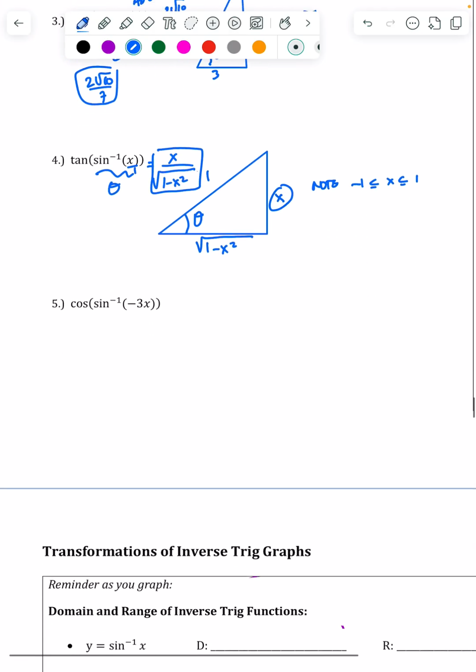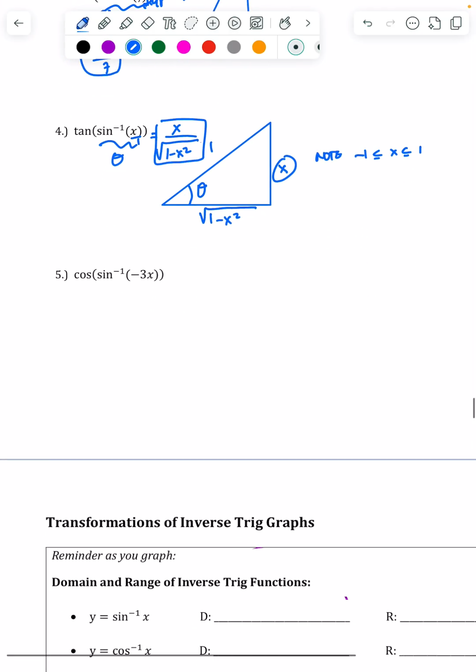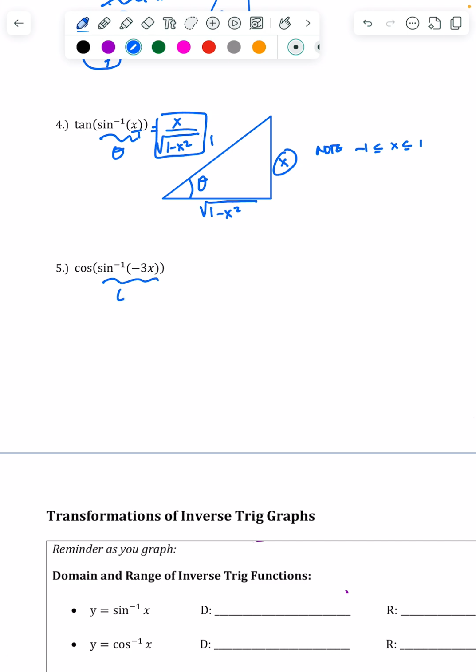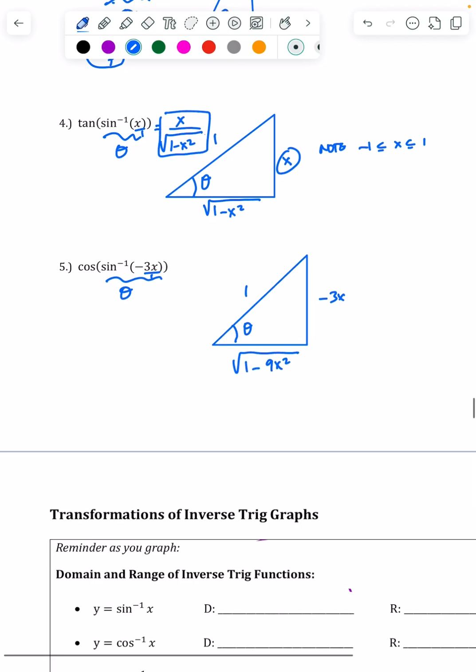And then lastly here, cosine of sine inverse, same thing. This is your theta, and this is negative 3x over 1. When you draw a triangle, I would say negative 3x like this, because I don't know if x is positive or negative, right? So it's fine. That means opposite is negative 3x, and hypotenuse is just 1, which makes the adjacent square root of 1 minus 9x squared.